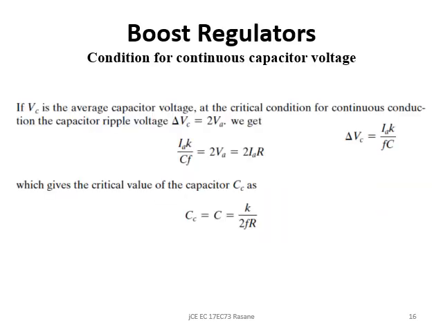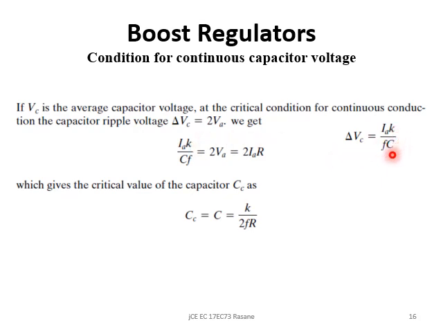Similarly, we have to look at the critical value of the capacitor. So if Vc is the average capacitor voltage at the critical condition for continuous conduction, then the ripple voltage delta Vc is nothing but 2 times Va. Okay, so we know that delta Vc we have already evaluated.